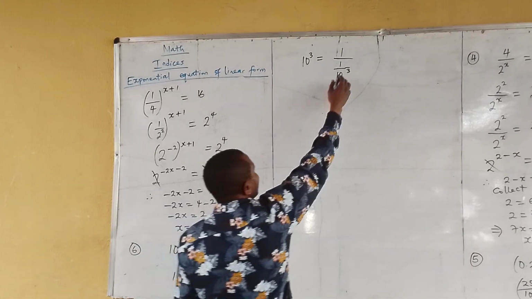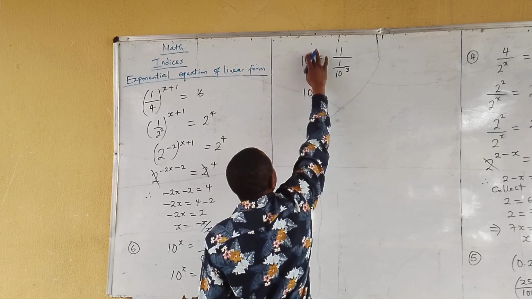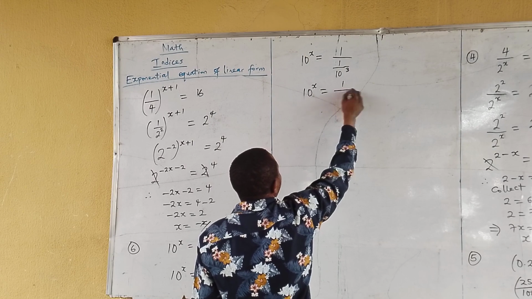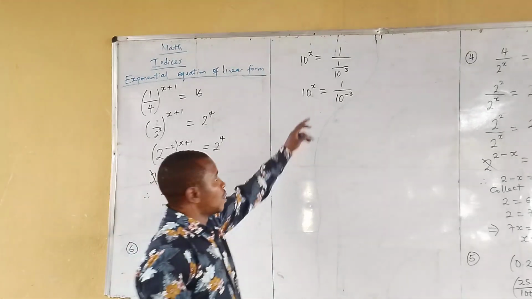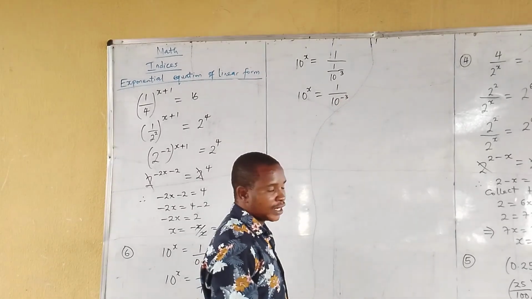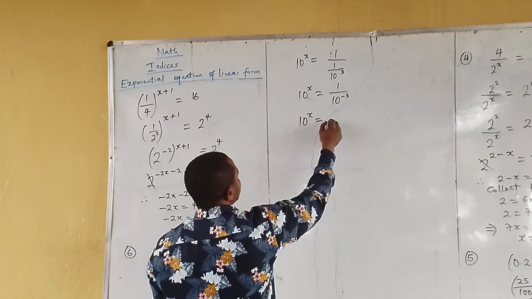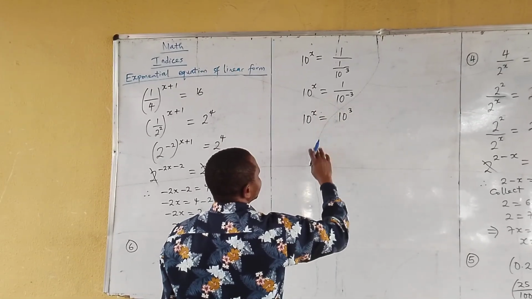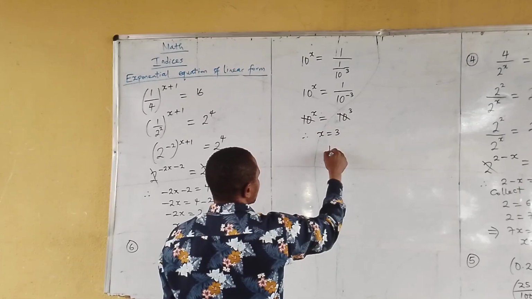And by the time you express this further, we are going to have 10 raised power x to be equals to 1 over 10 raised power 3, which will give us 10 raised power minus 3 in indices form. So we are going to have 10 raised power x to be equals to 10 raised power minus 3. By the time you eliminate it, therefore, x is equals to minus 3.